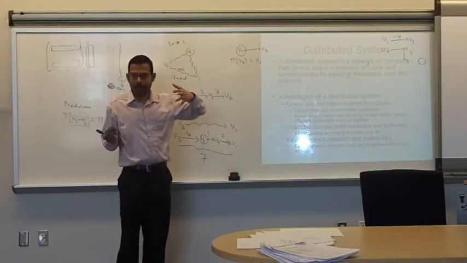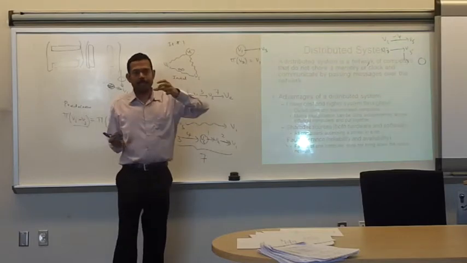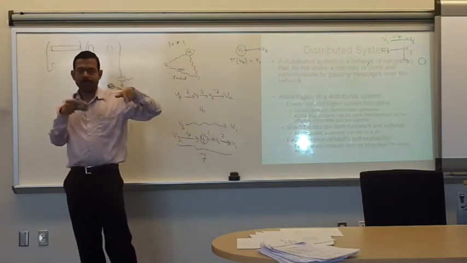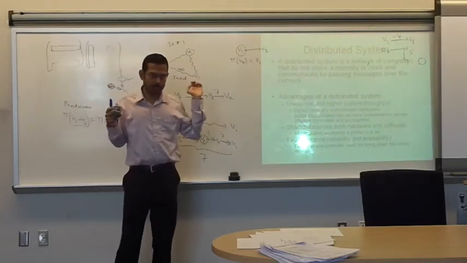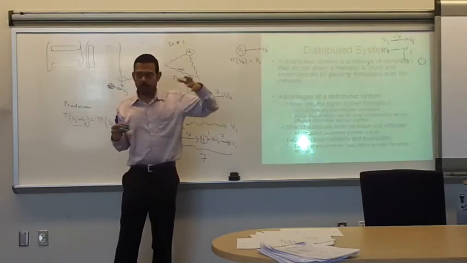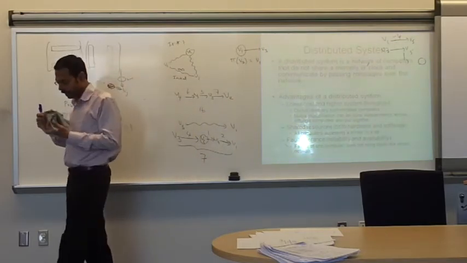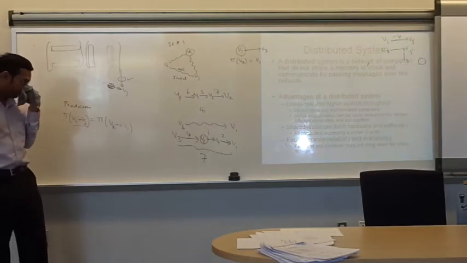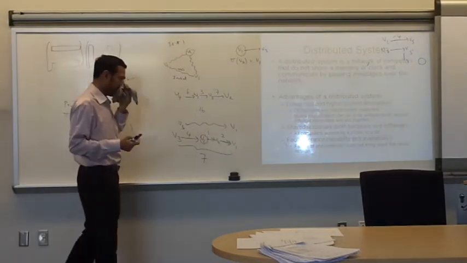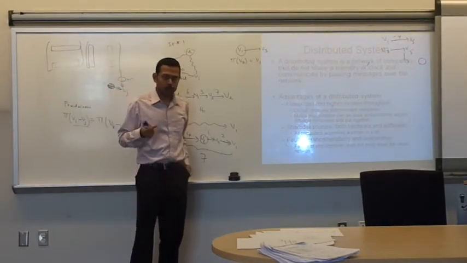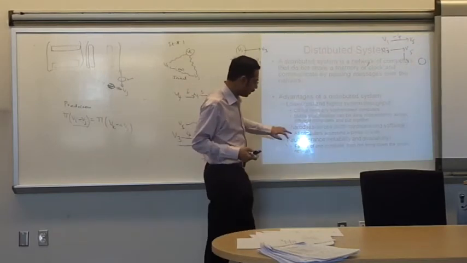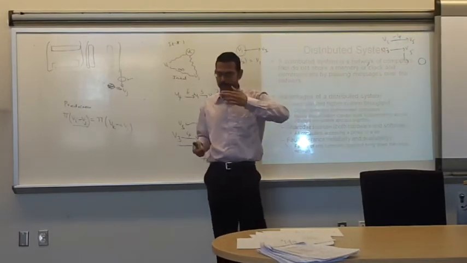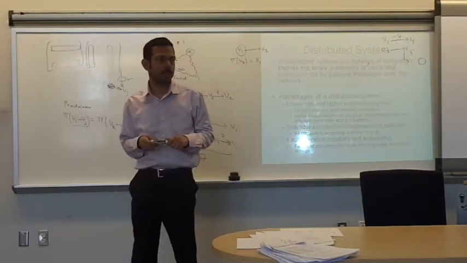Even if it's a multi-processor, if some failure can impact all the processes, then the whole thing is shut down. Whereas here, if one computer fails, or even one wire connecting some computers fails, the others can still communicate. Right? So we have a lot of reliability and availability. The others are still available to do some job for you.